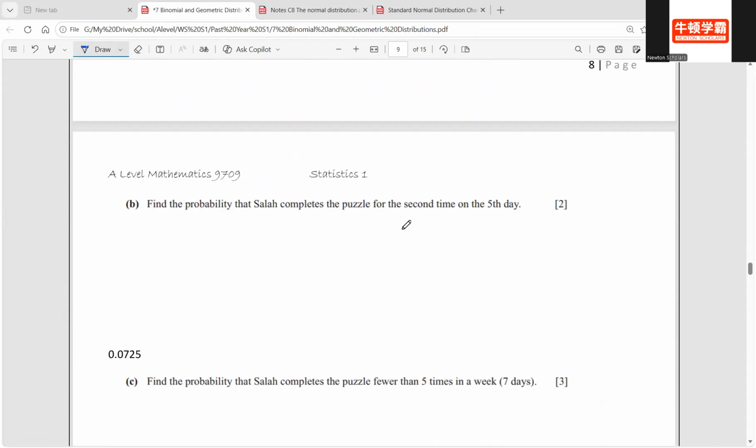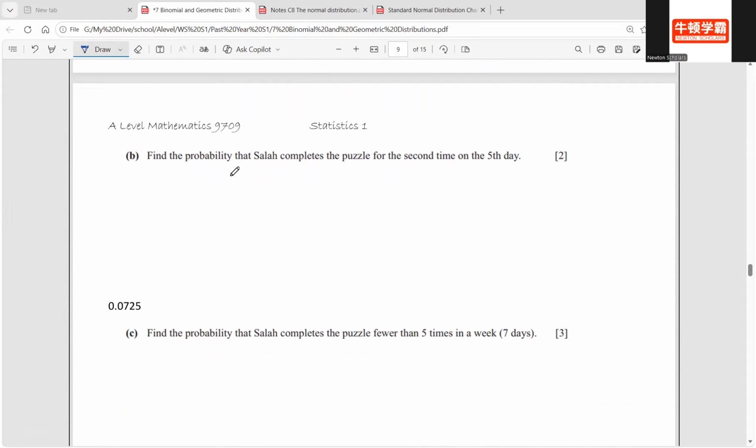Next we go for B, find the probability of completing the second time. If it is the second time, he never said it is the first time, so this one is binomial. Always write it down. So we have 5 days: 1, 2, 3, 4, 5.